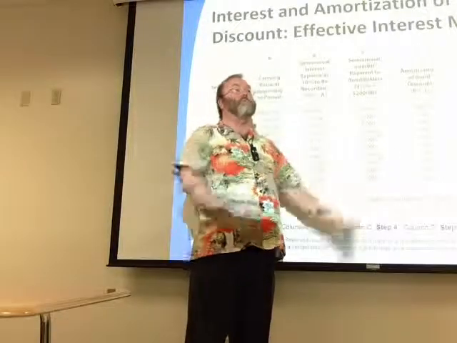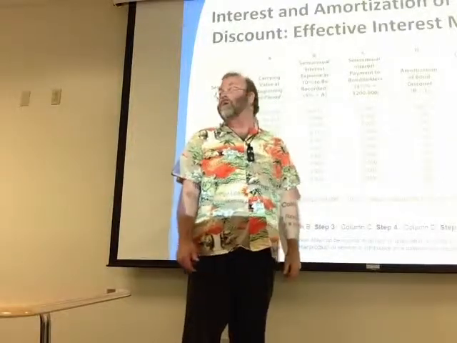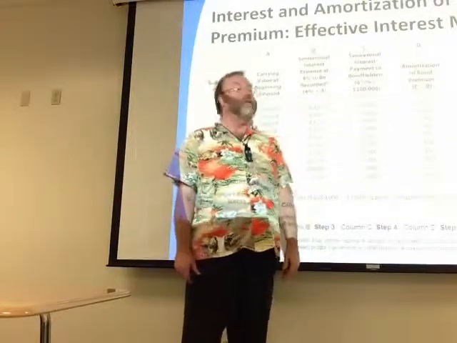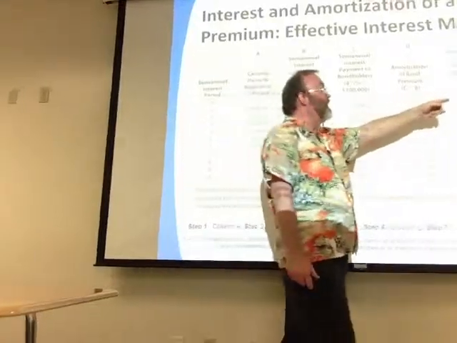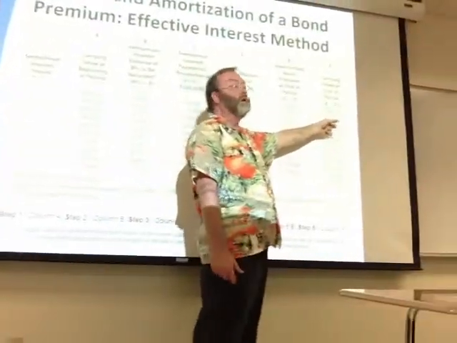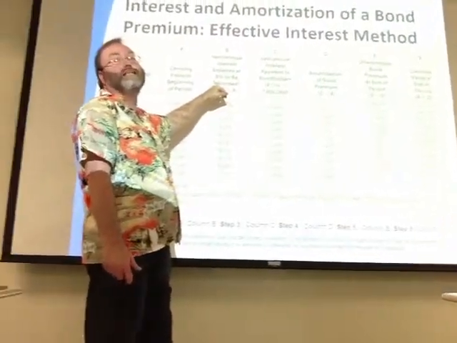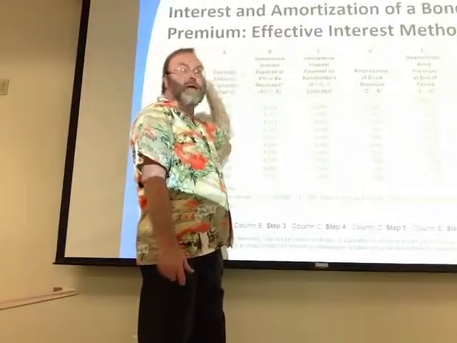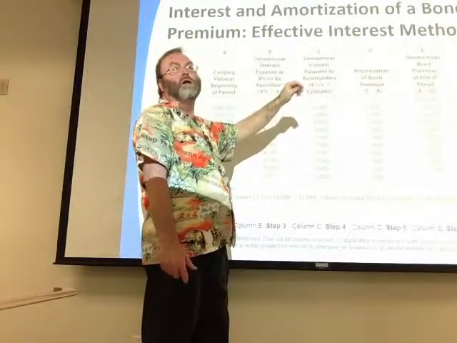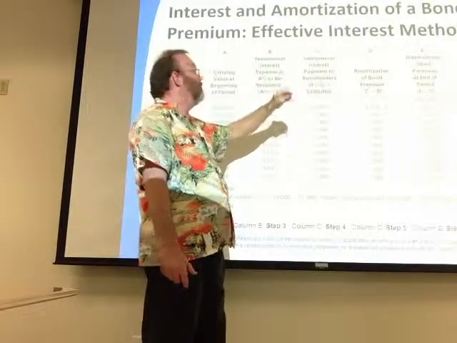What about a premium? How's a premium going to work? If you sell the bond instead for $208,200 because you're still paying 9%, but now the market only needs 8%, you're paying them more than they want.